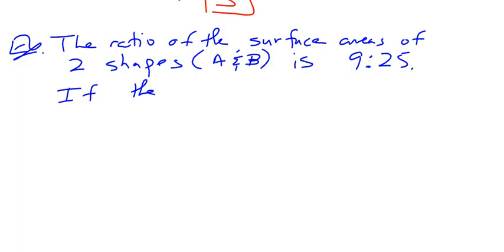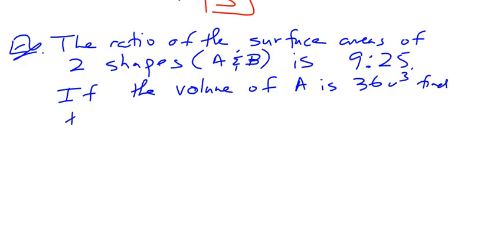If the volume of A is 36 cubic units, find the volume of B.